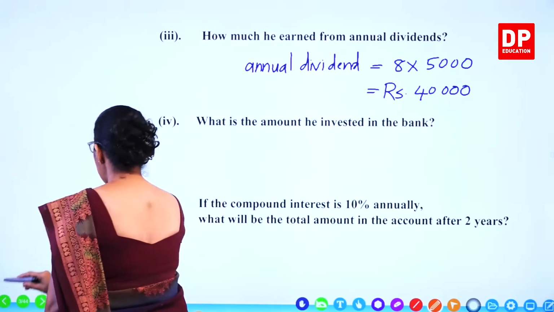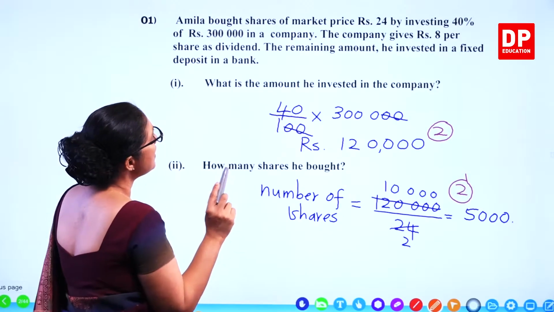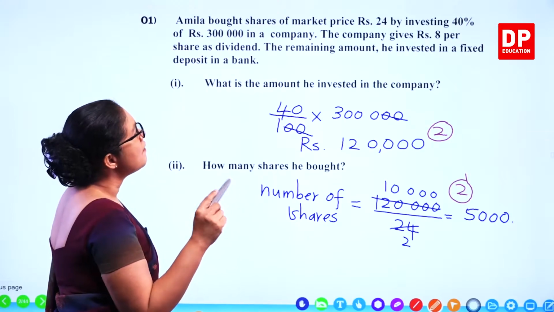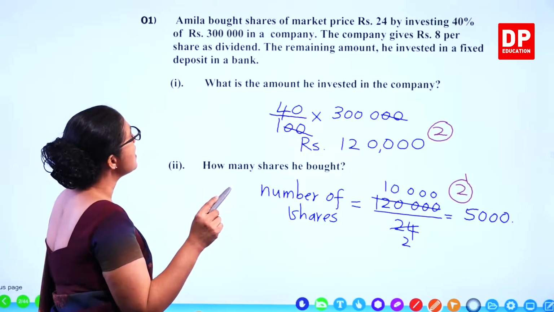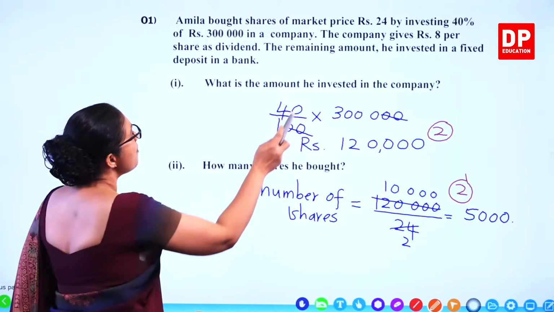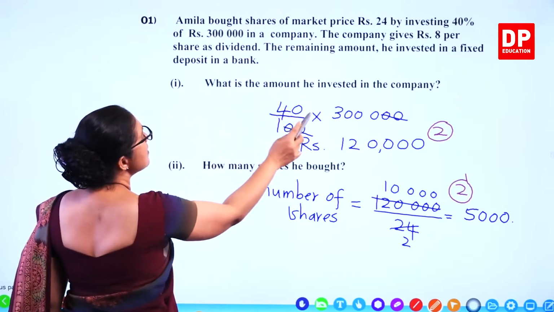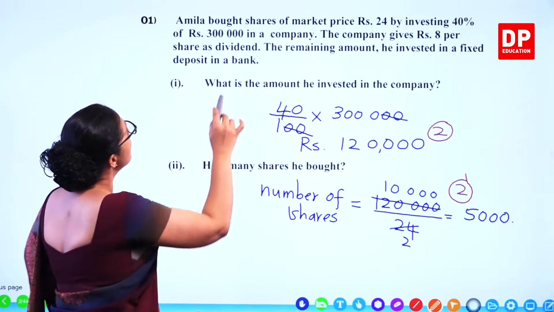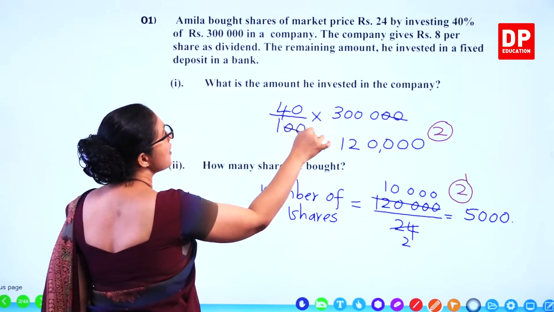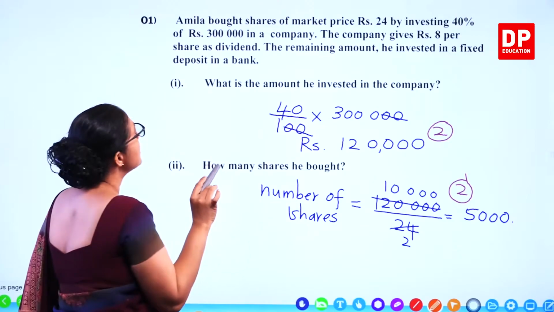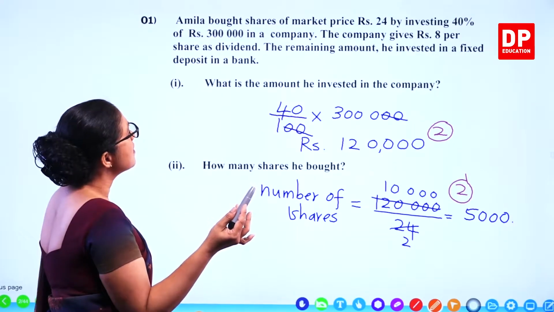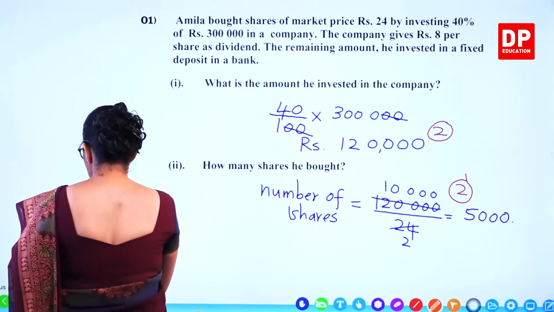What is the amount he invested in the bank? So we have to read it again. The company gives 8 rupees per share as dividend. The remaining amount he invested in a fixed deposit in a bank. So remaining amount means 60%. 40% bought shares from the company and 60% out of that is invested in a fixed deposit.